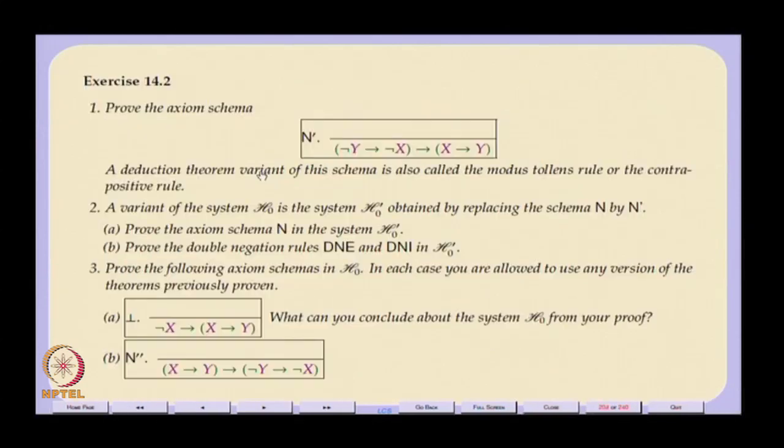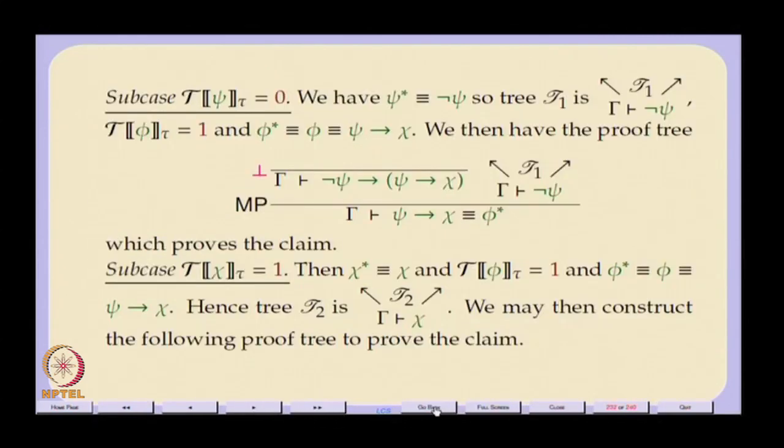This is one of the exercises. You can see, you can prove not x arrow y. So, you can apply this derived inference rule, and you can claim that from gamma you have proved not psi arrow chi, and you already have not psi here by modus ponens. Therefore, you have psi arrow chi, which is the same as phi star.